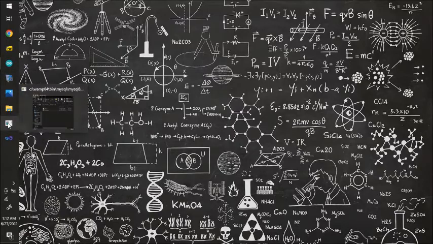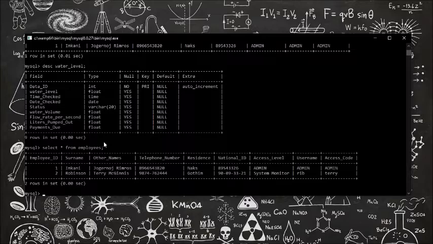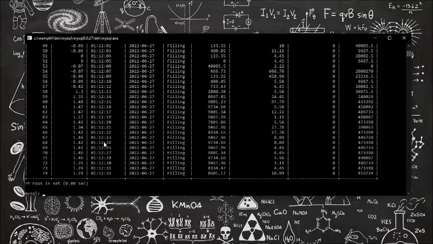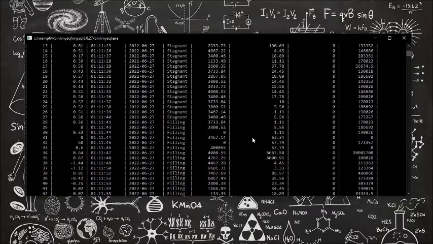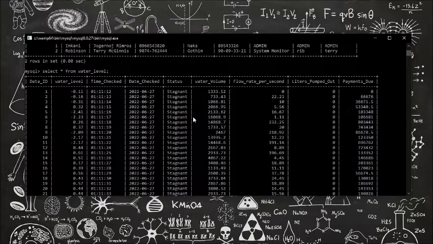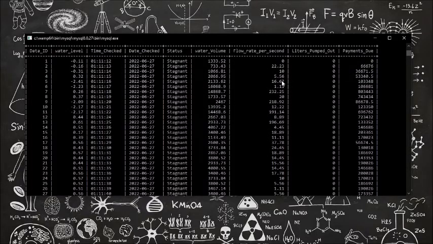let's have a look at the data that we've probably gotten from right now. So select all from water level. Yeah, so all of this data is from today, the water volume, flow rate per second.